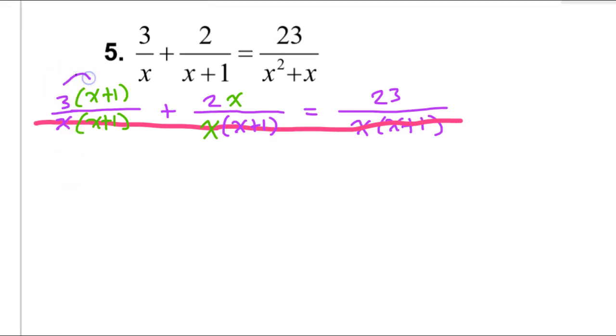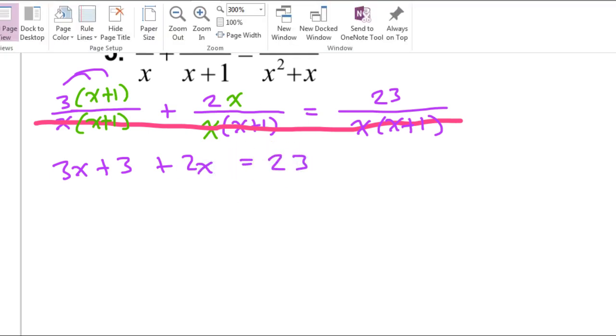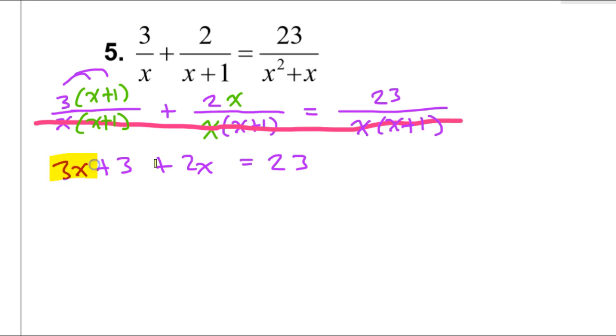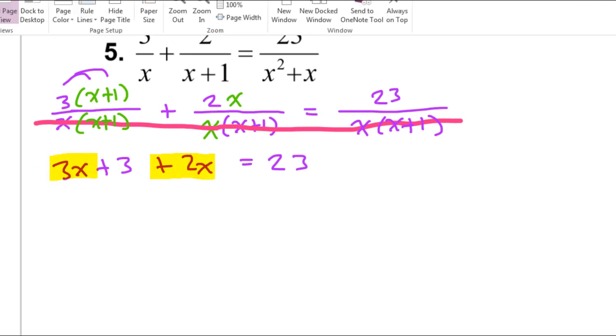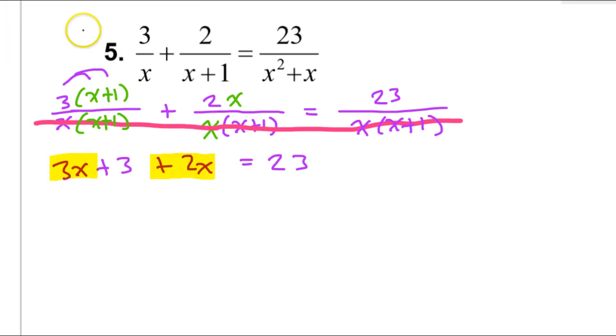I'm going to go ahead and do the distributive property now. So that's going to give me 3x plus 3 plus 2x is equal to 23. Okay, combining like terms, I'm going to get 5x plus 3 is equal to 23.